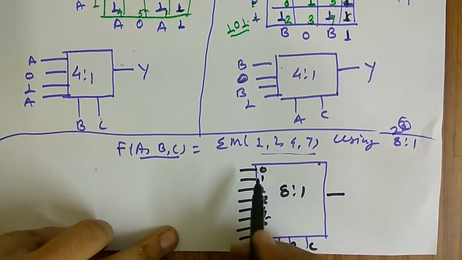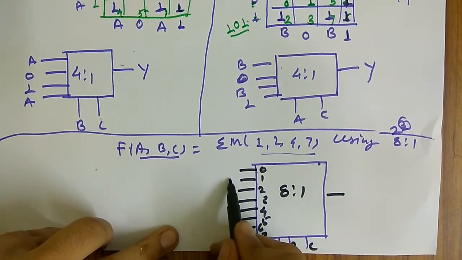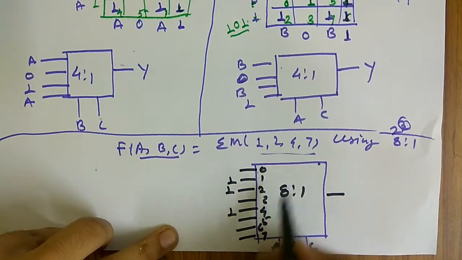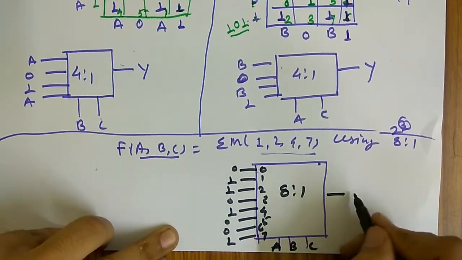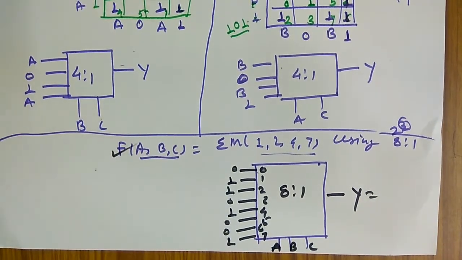So which minterms are present in this? Write 1 for 1, 2, 4 and 7, others are 0. So this will give the same expression as this function. So we are done with this one.